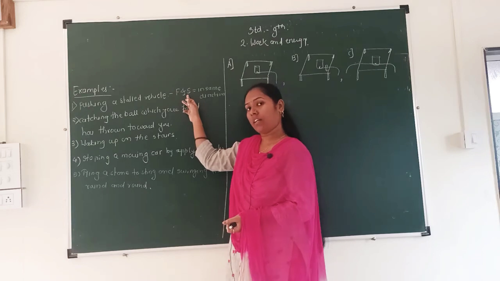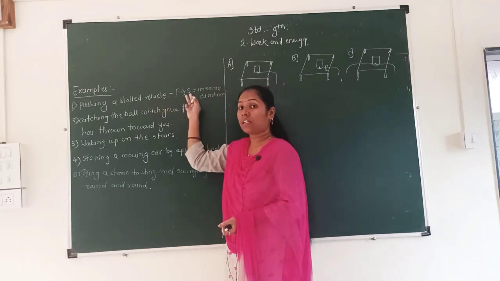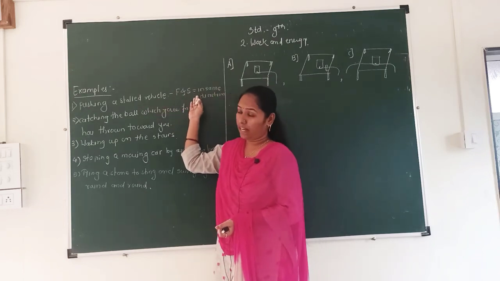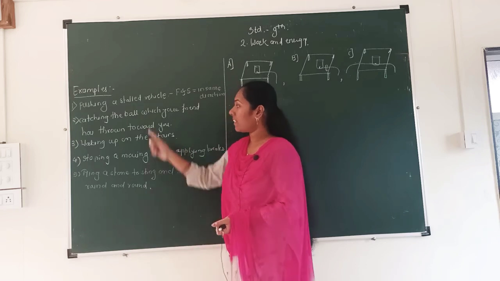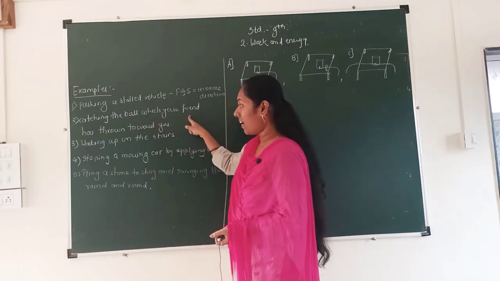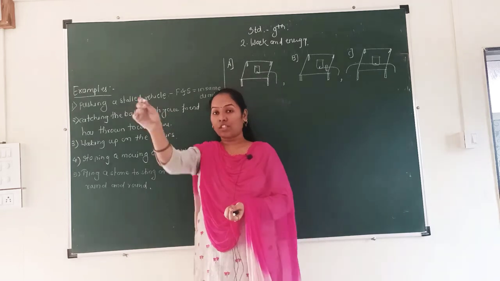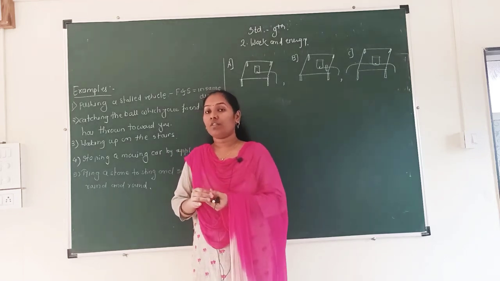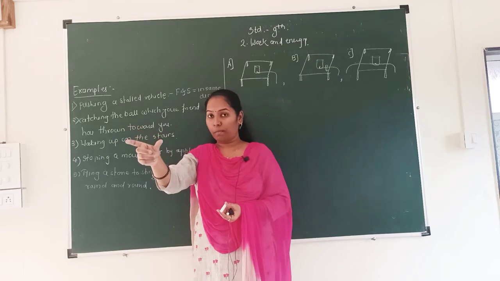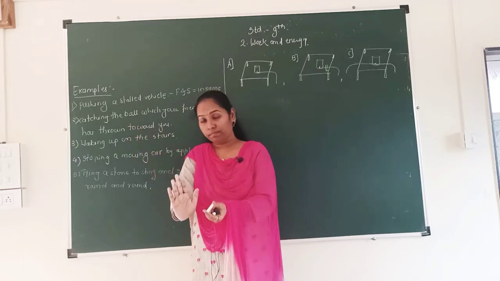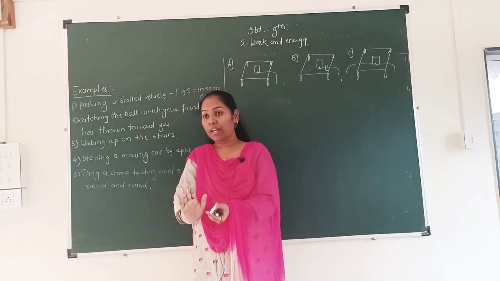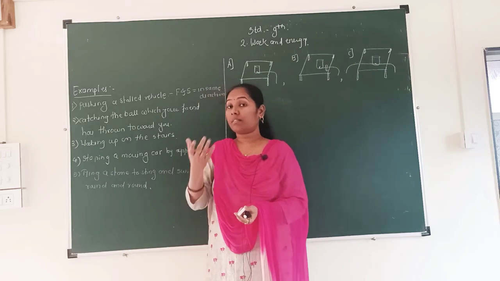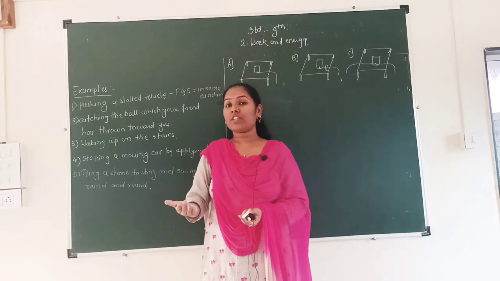Force and displacement in this case are both in the same direction. After that, catching the ball which your friend has thrown towards you. Your friend throws a ball, and you stop that ball. The applied force is in which direction?